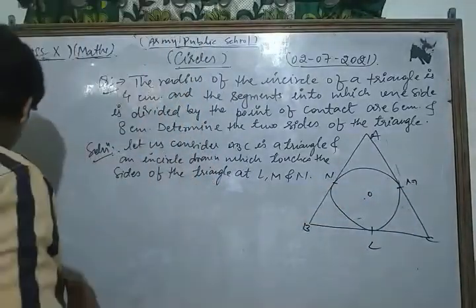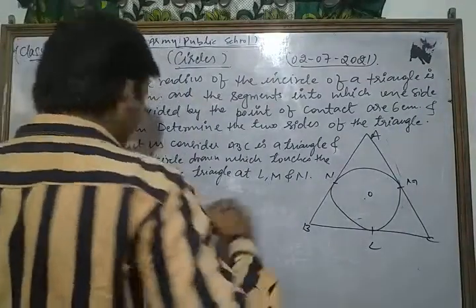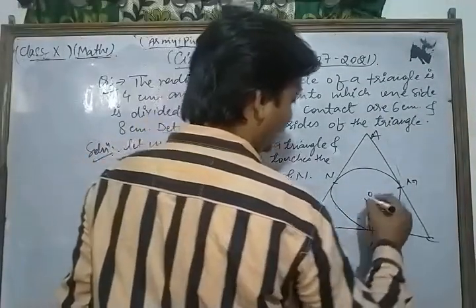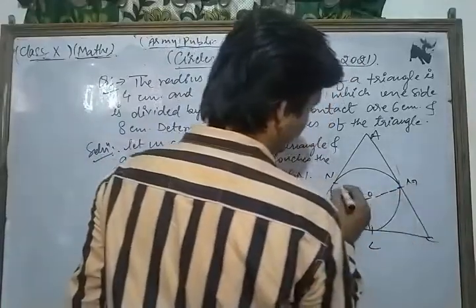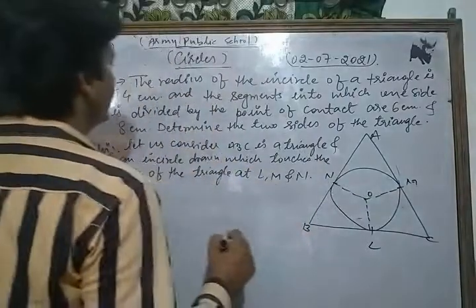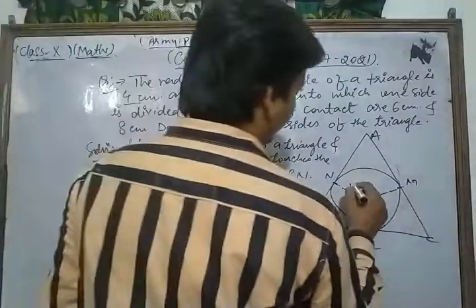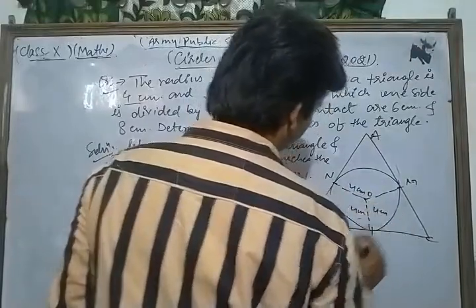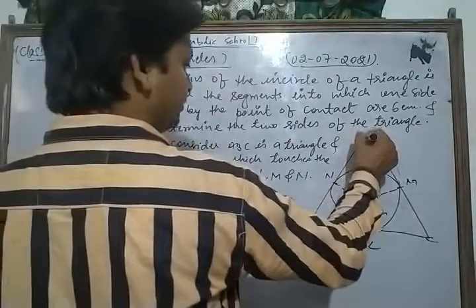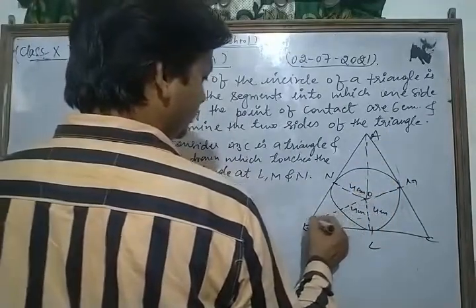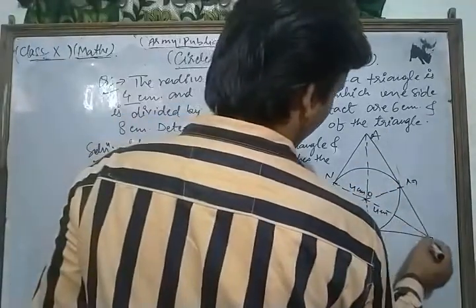Now the radius of the incircle is already given, so let us join OL, OM and ON, which are equal to the radius of the circle, 4 centimeter each. Now we also join OA, OB and OC respectively.